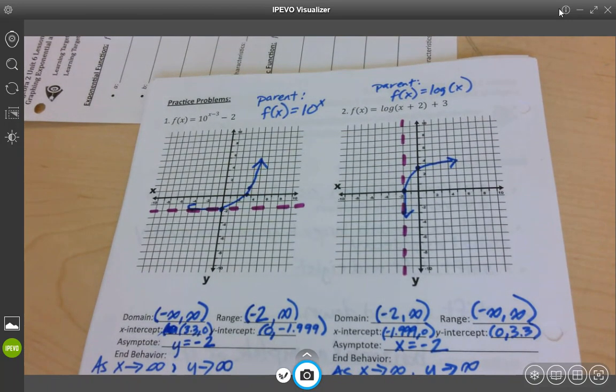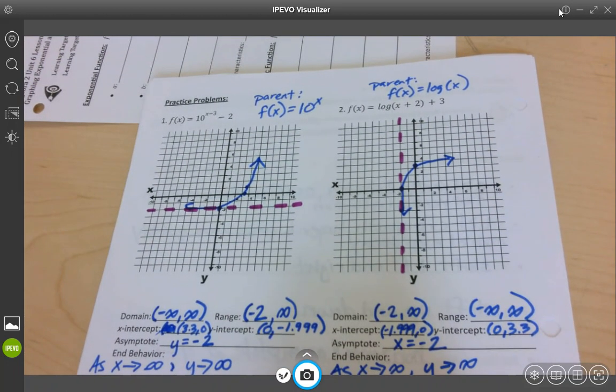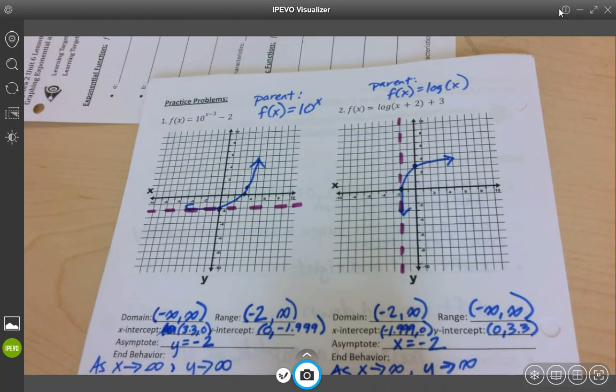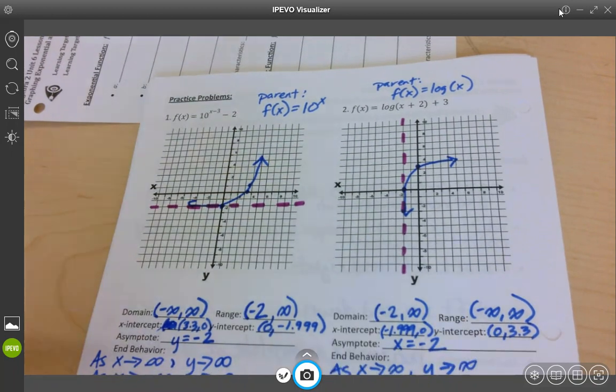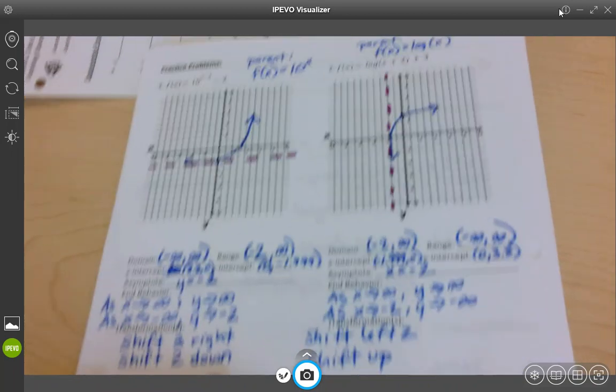The +2 shifted the graph which way? Shifted us left. So shift left 2. And then I can look at it and see that I shifted up. How much? 3, good. Sorry, you can't see any of that.